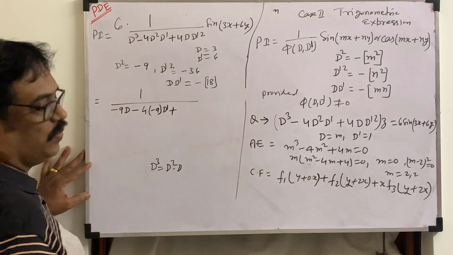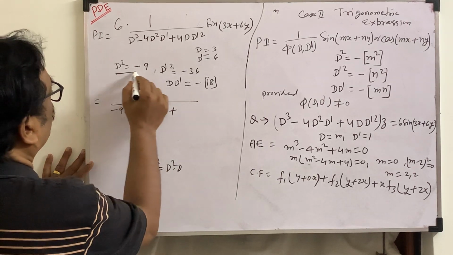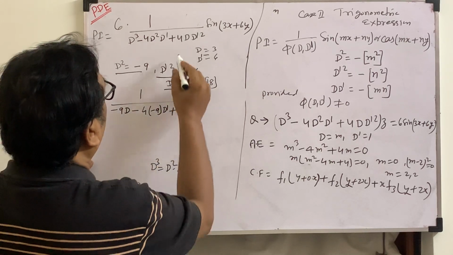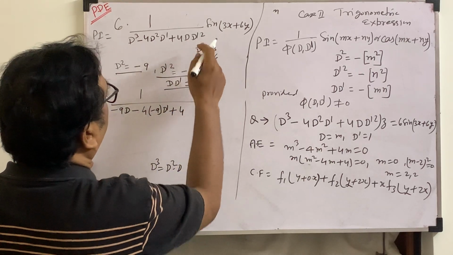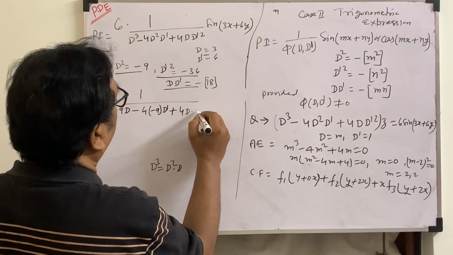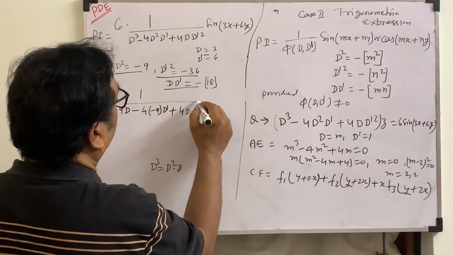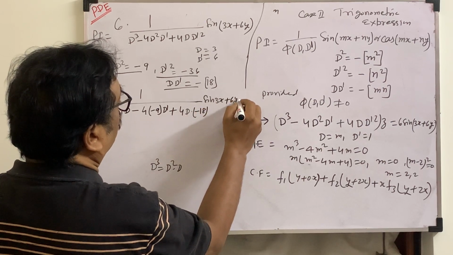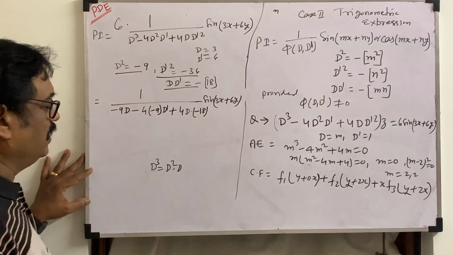D D dash is equal to minus 18. And as it is here, sine 3x plus 6y.